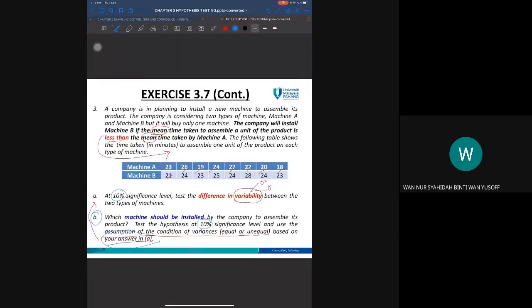Let's say that we change the alpha for B, let's say that we need 5%. So automatically you have to test another ratio of two population variance by using alpha equal to 5%. So the important condition that you have to make sure is the similarity of the alpha. Alpha must be similar for question A and question B, so that we can use the answer from A.